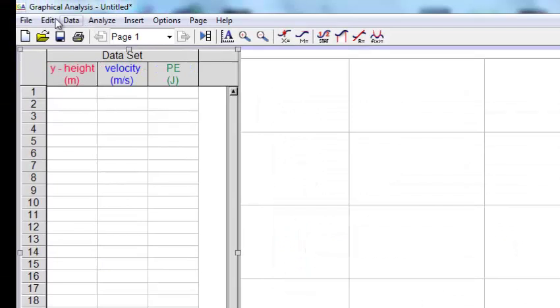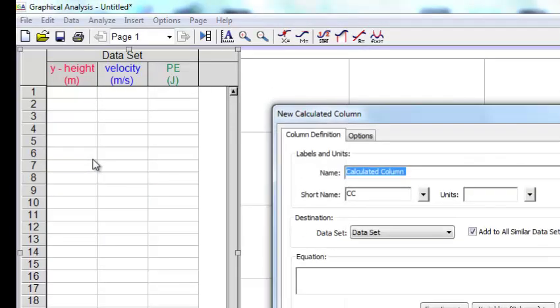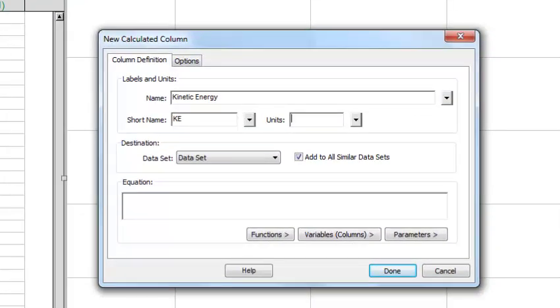Now I'm going to make a new calculated column for my kinetic energy. And down here under the equation, because we have the marble rolling, we're going to have to use a 0.7, not a 1/2, but 0.7.